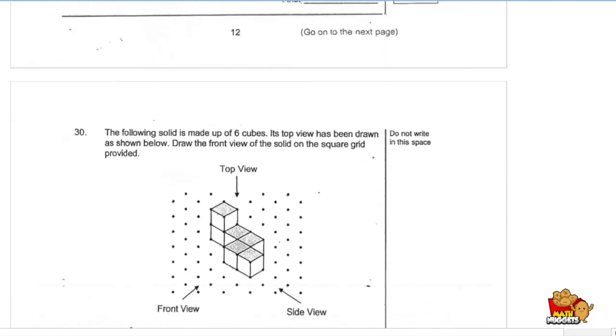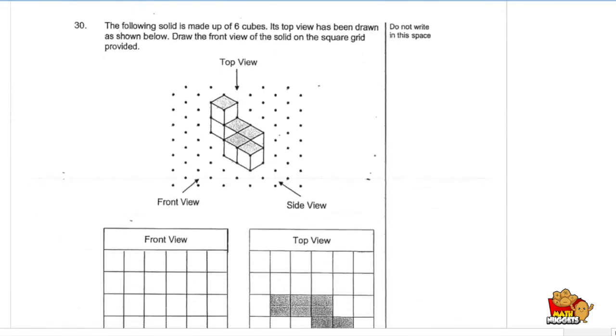The last question, 30. Okay, so this is the top view. We're supposed to draw the front view. Front view across, I know that there are 4 of them.